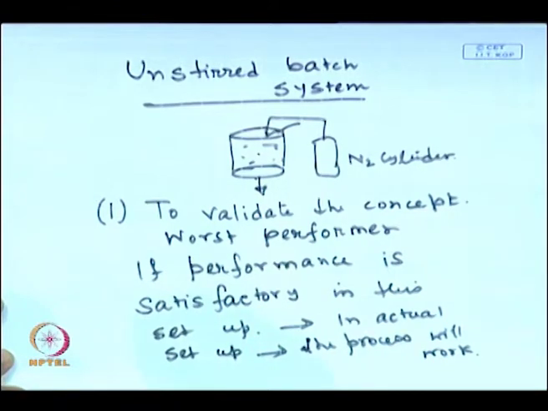Okay. And the second advantage of using the unstirred batch system is that sometimes when you are talking about an industrial effluent, you are not very sure about the physical quantities. If you remember the modeling we have done, if you know the physical properties of the solutes perfectly, if you know the diffusivity, the density, the viscosity, and the osmotic pressure relationship, how it varies with the concentration, all the calculations can be done.